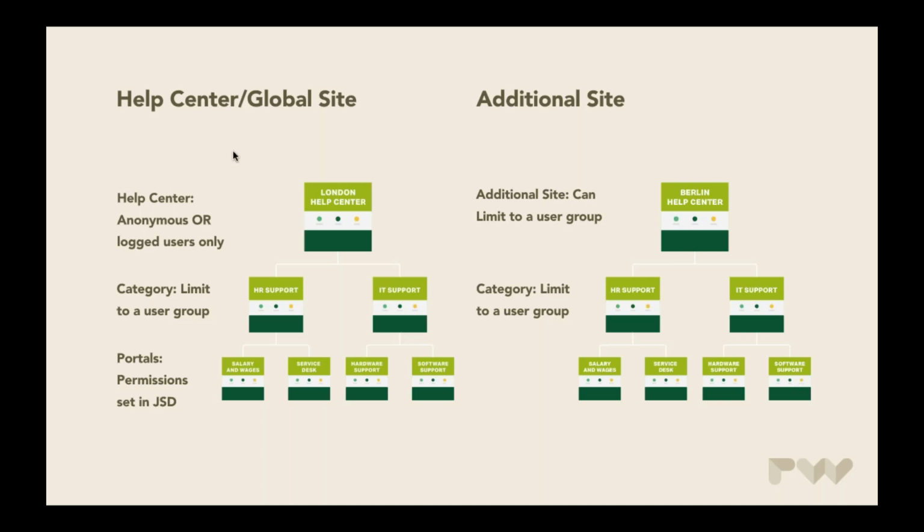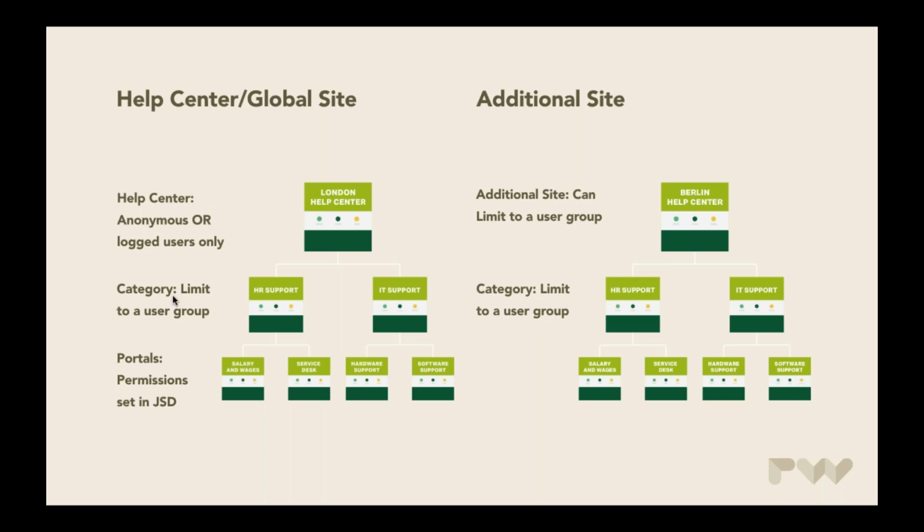So again, we have our help center, our global site help center, and we have an additional site. On the help center, this is where your requests live, and this is the global help center. The only permissions you can add here are to say, I want this help center to be anonymous or viewable to logged in users only.